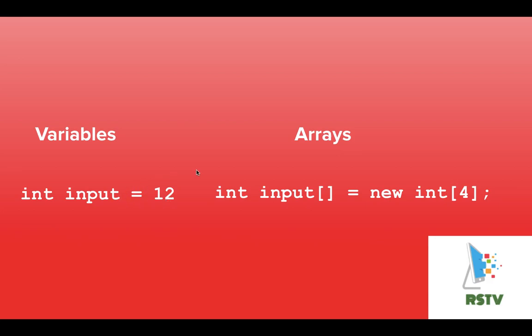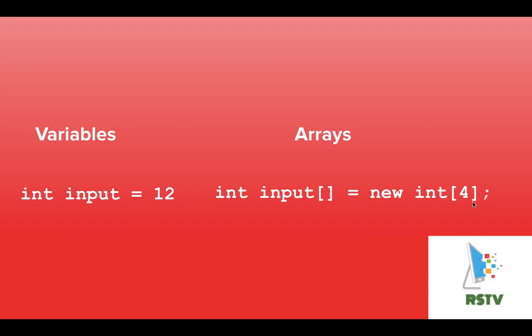If we go to arrays, we should declare like this: data type first, integer, then the variable name, then equals new, the same type, and here we pass the size. This is the size place; we should give the size in arrays.